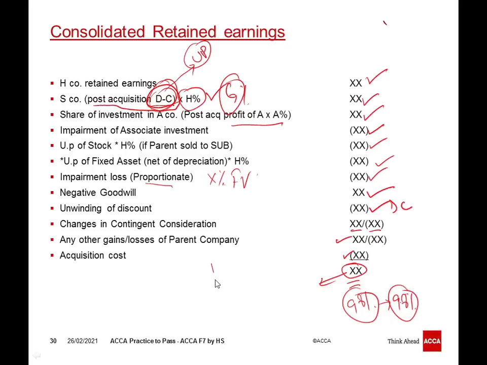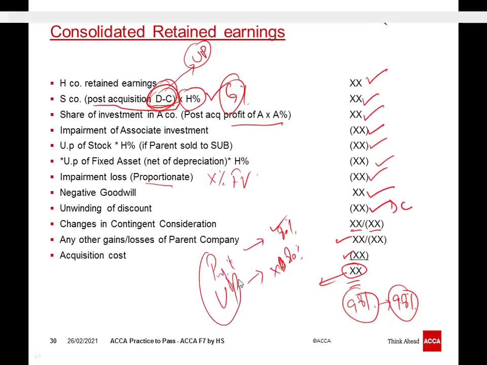What I am telling you is to take the profit separately and the unrealized profit separately. Both should be applied with the percentage. That's the same thing as if I add these two figures and multiply by the percentage. The answer will be the same.